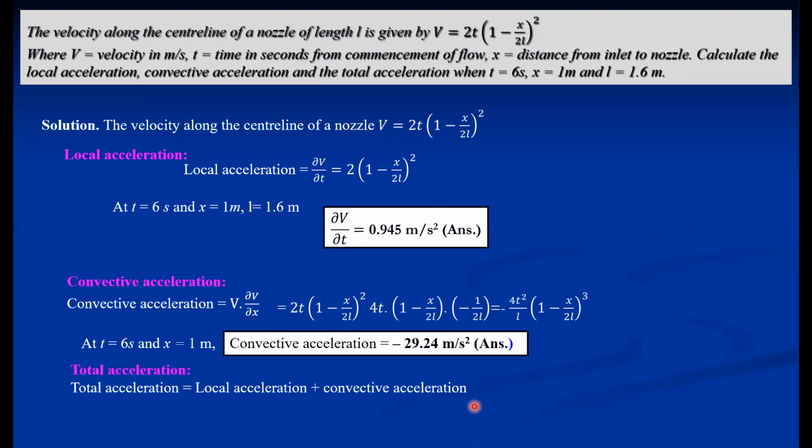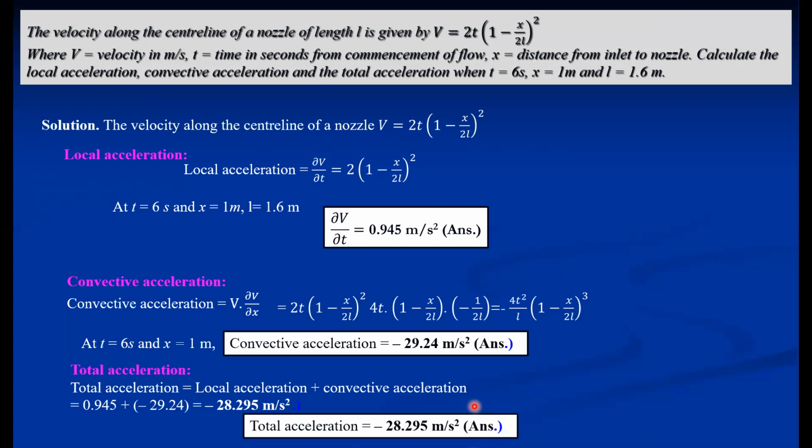The total acceleration is the addition of both, local plus convective. So the total acceleration is minus 28.295 meters per second square. The total acceleration is negative, which means the acceleration is taking place in the negative x direction.